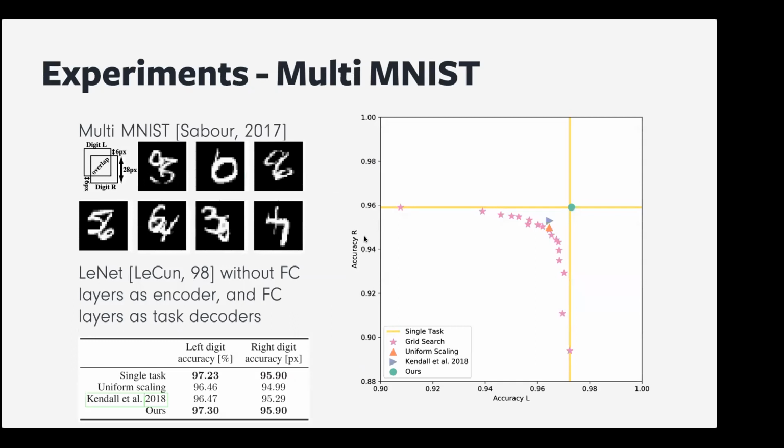So to compare them, in this figure, we look at this 2D curve, basically the accuracy of task 1 and accuracy of task 2. And these yellow lines are if you do a single task solution. So you can actually solve them very reliably. These pink stars are what you get if you try all the possible weights and do weighted minimization; these are the points that you can find.